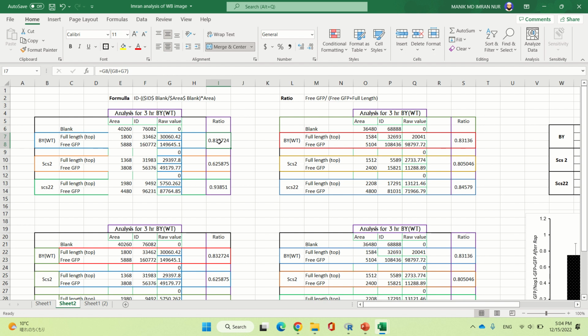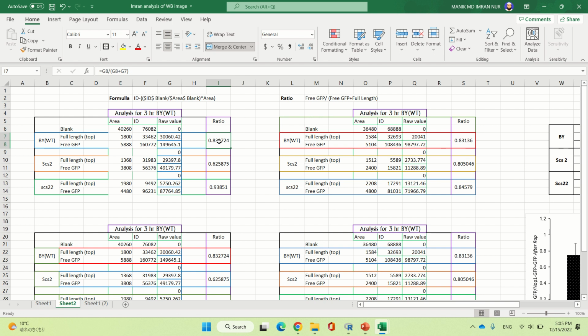Because this is normalized to the expression of the NOP1, this is okay without normalizing to the loading control. Yes, because the expression level of the NOP1 works the same as a loading control.